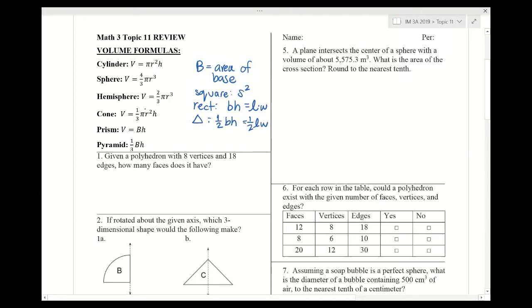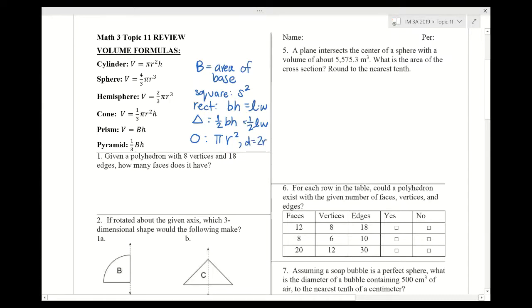The other formulas that you need to know on your own are the area of a circle, which is part of the cylinder formula: pi r squared. You also need to know that for a circle, the diameter is 2 times the radius.